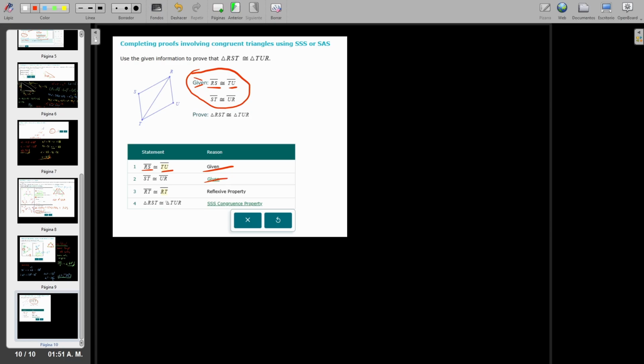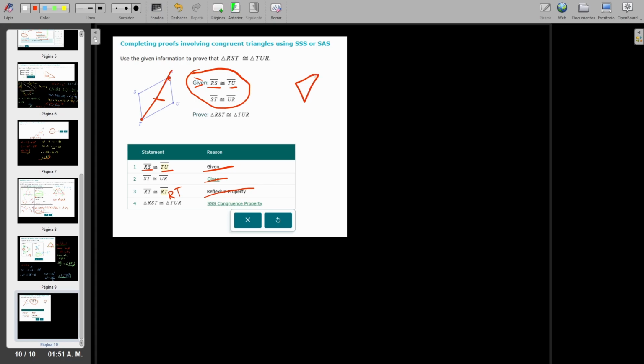Again, given. Now they say that because of the reflexive property, we need to find that RT, this value and this value, is the same to another segment. In this case, to each other. RT again. Why? Because of the reflexive property.